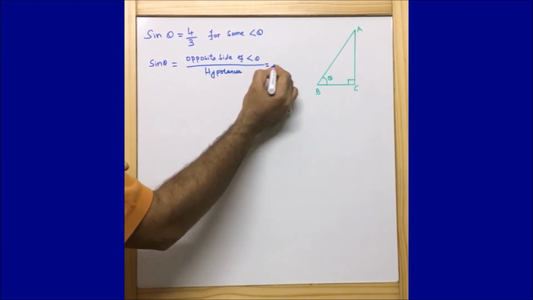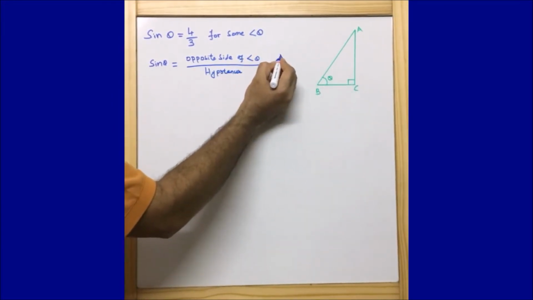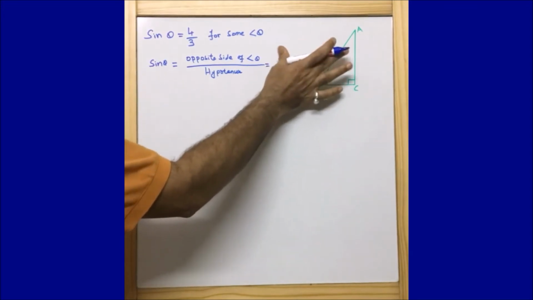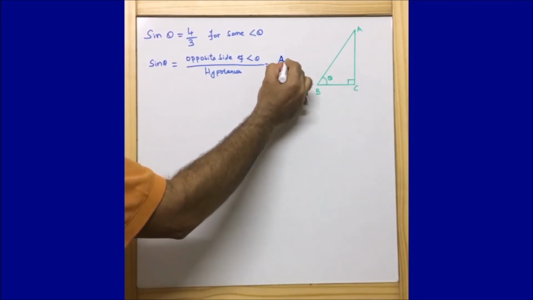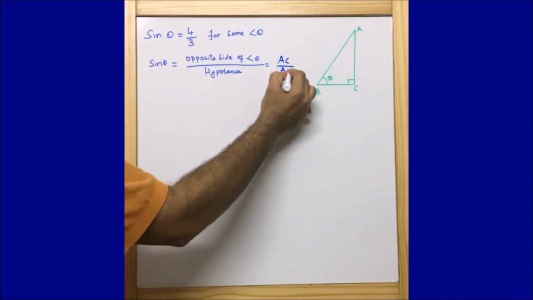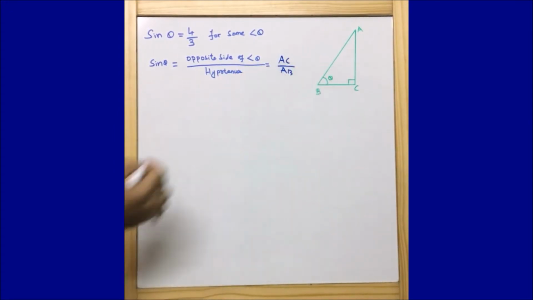Or in other words, looking at this figure, I can write it is AC upon AB. AC is the opposite side of angle theta and the hypotenuse is AB.